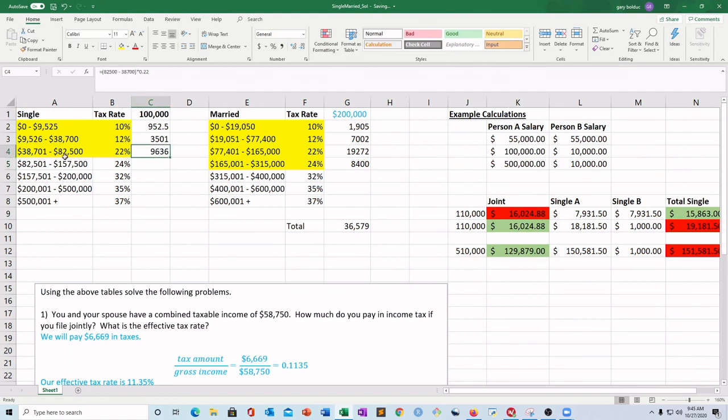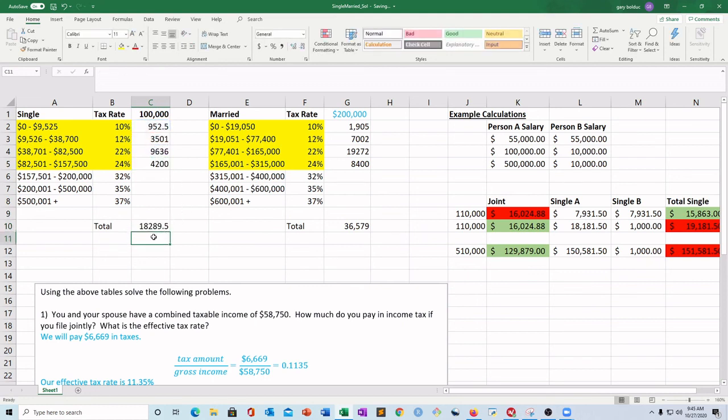Now, looking at how much I make, oh, I get into this box, so let's include it. Okay, well, how much fills in that box? I take my 100,000 minus, how much have I already been taxed? I've already been taxed on 82,500 times my 24%. So my total then would be equal to this plus this plus this plus this.